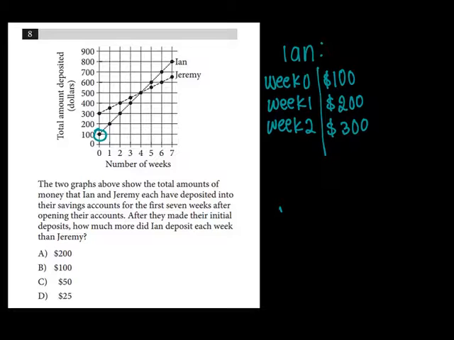So there's a constant increase in growth by 100. So that means our slope is 100, because each week it's growing by $100. So our slope for Ian is 100.